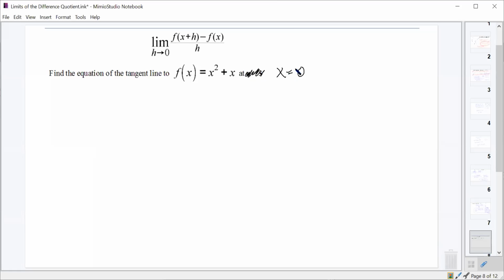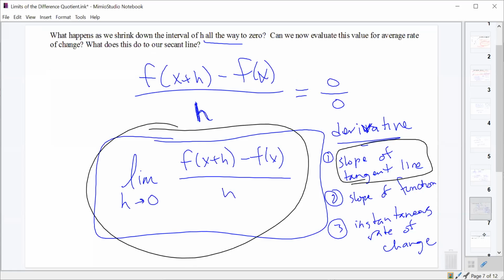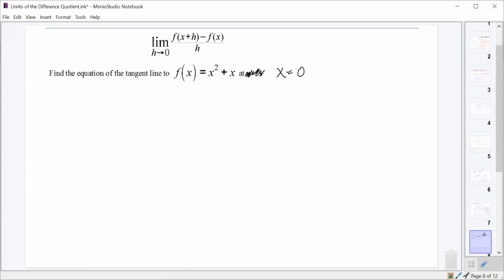I think that will help illustrate this point better. To write the equation of the tangent line, I need to find the slope first, right? I need a slope and a point to write the equation of a line.